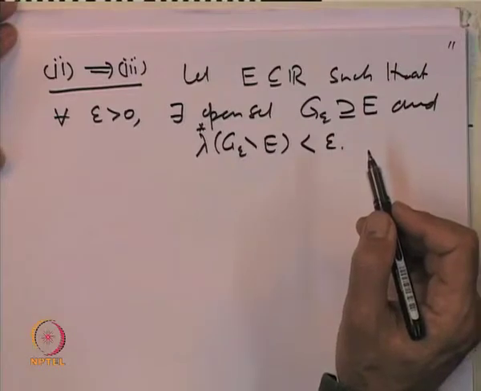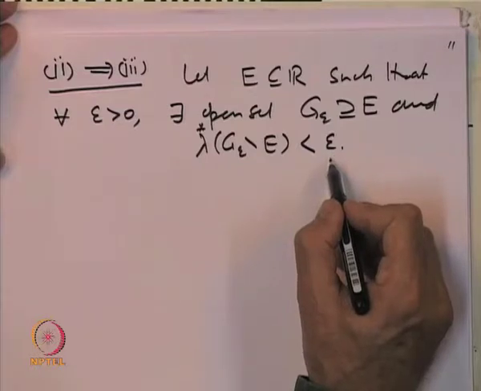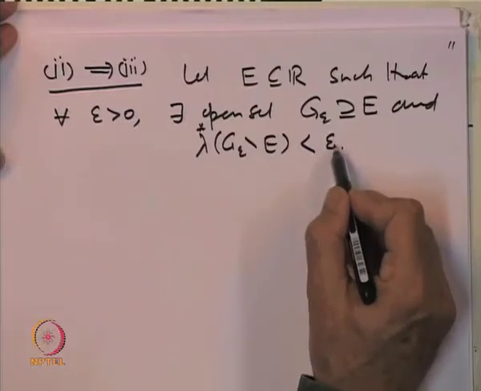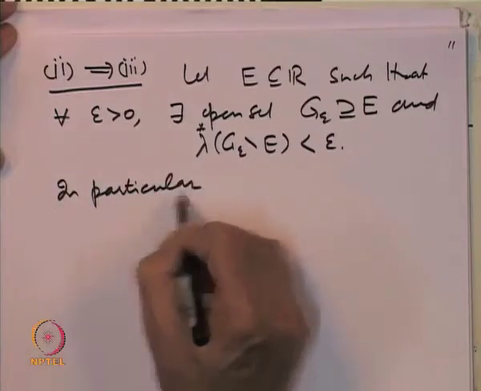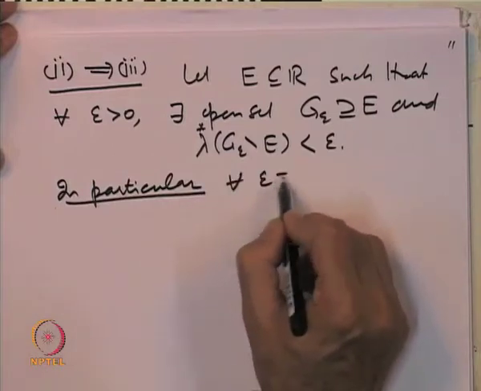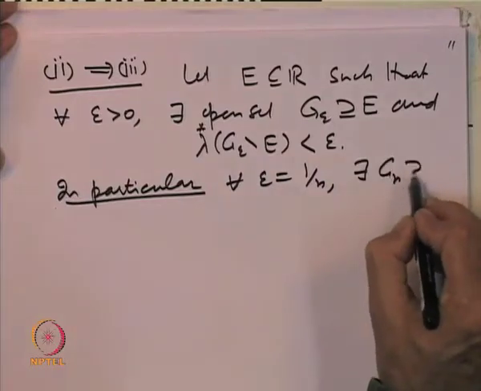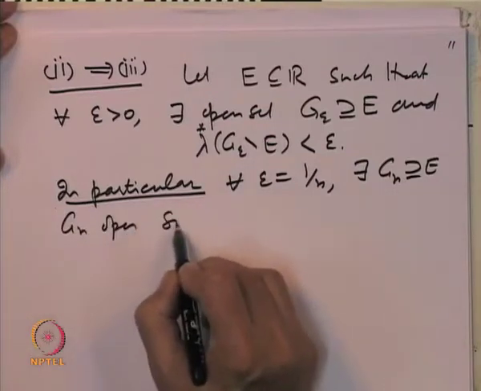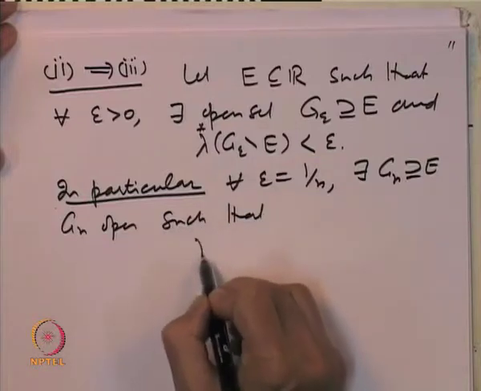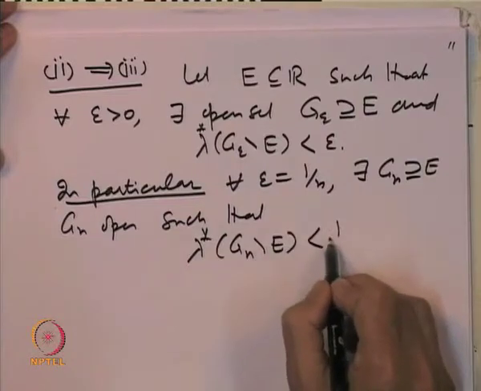And we have to construct a set such that the difference has Lebesgue measure 0. So, the obvious way is to make this epsilon smaller and smaller. In particular, for every epsilon equal to 1 by n, there exists G n including E, G n open, such that lambda star of G n minus E is less than 1 by n.